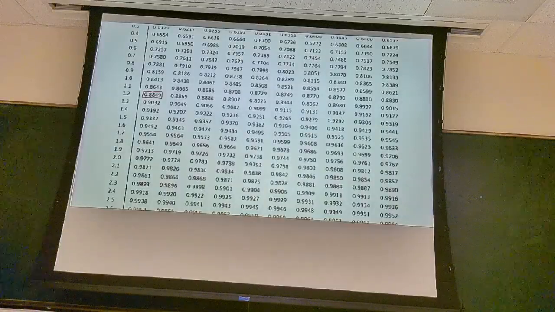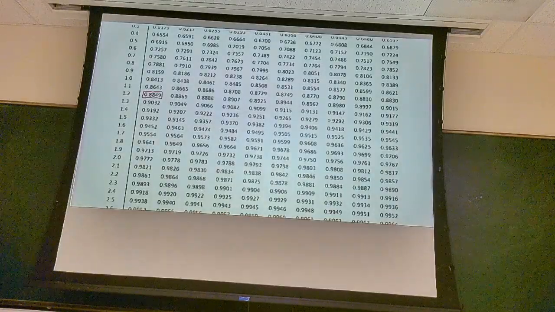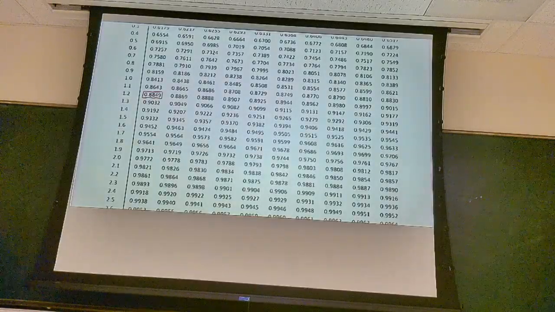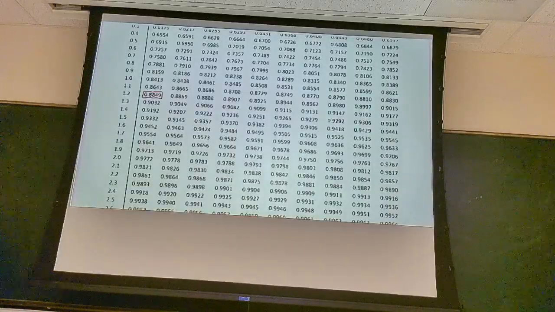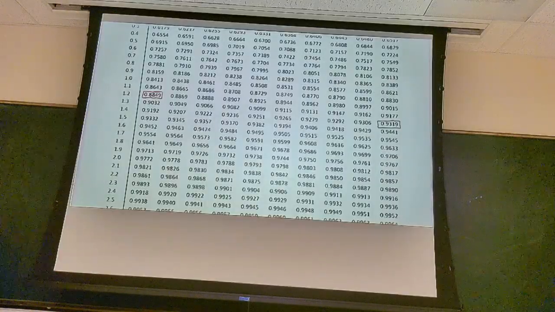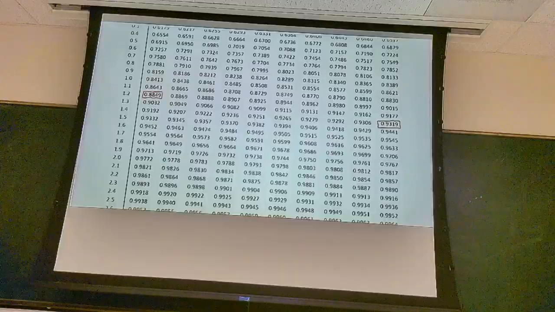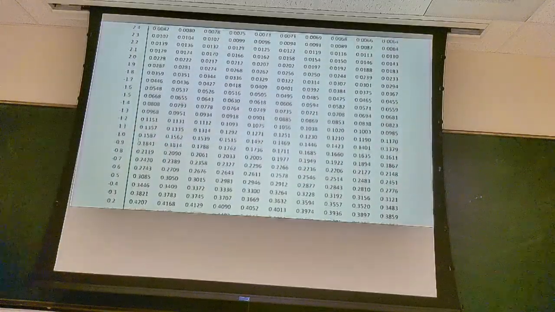Looking for negative 0.99 and 1.49. Let's start with the 1.49. We're at 0.9319. Negative 0.99.